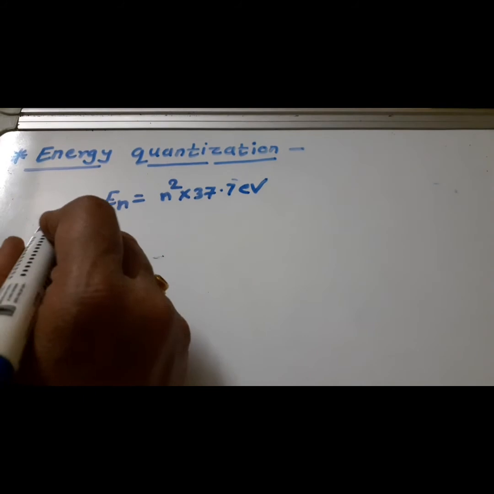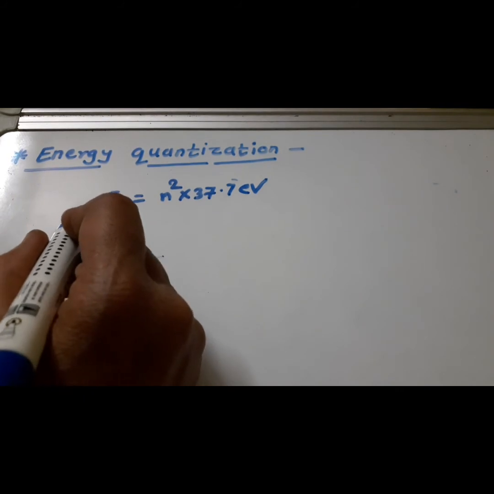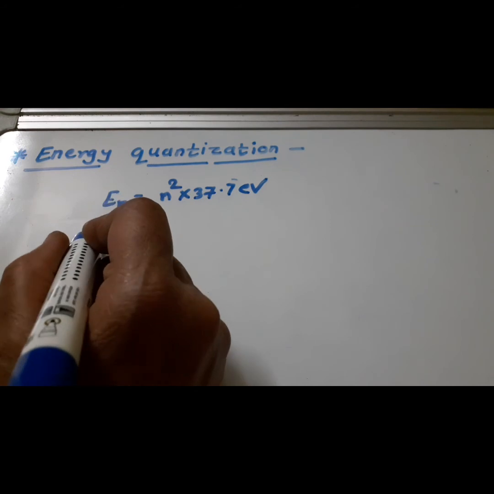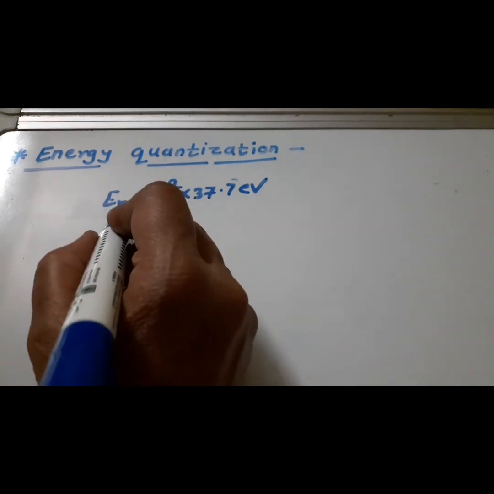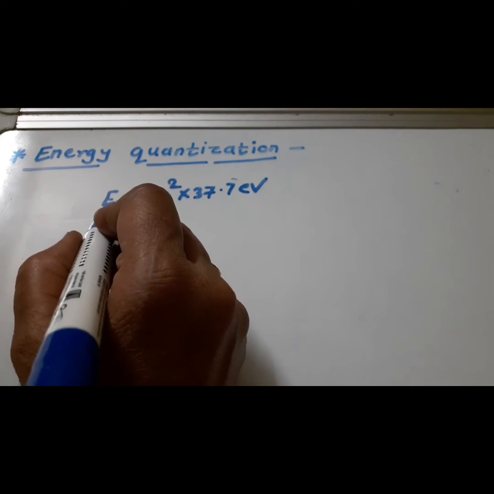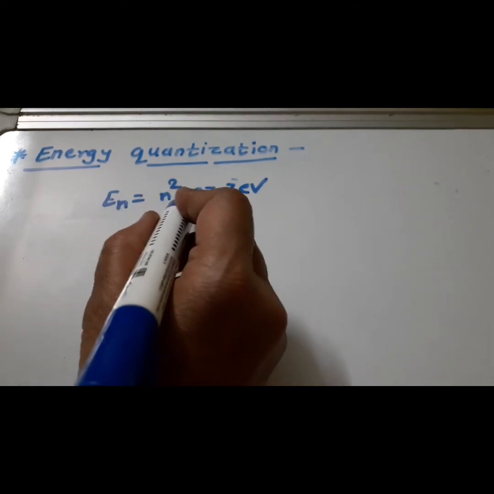We have to write down that the energy of the particle in a box is directly proportional to the square of natural numbers, that is n squared. The second point is that it is inversely proportional to the mass of the particle. And the third point is that it is inversely proportional to the square of the length of the box.